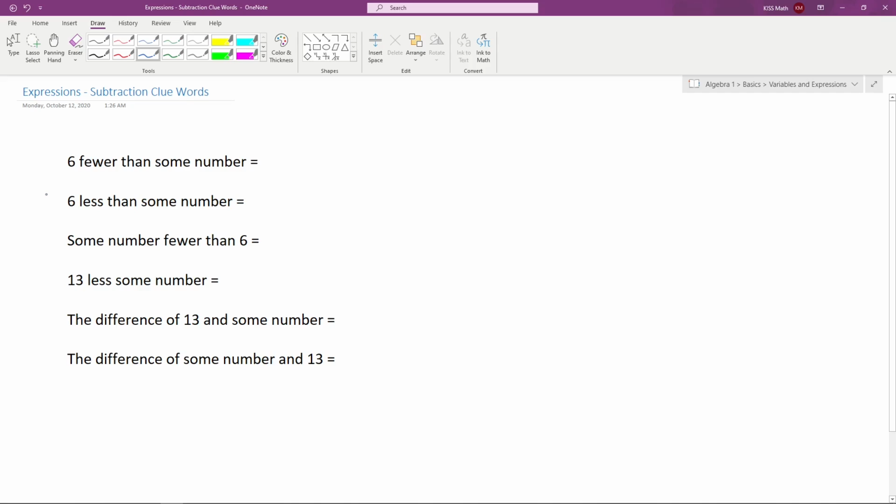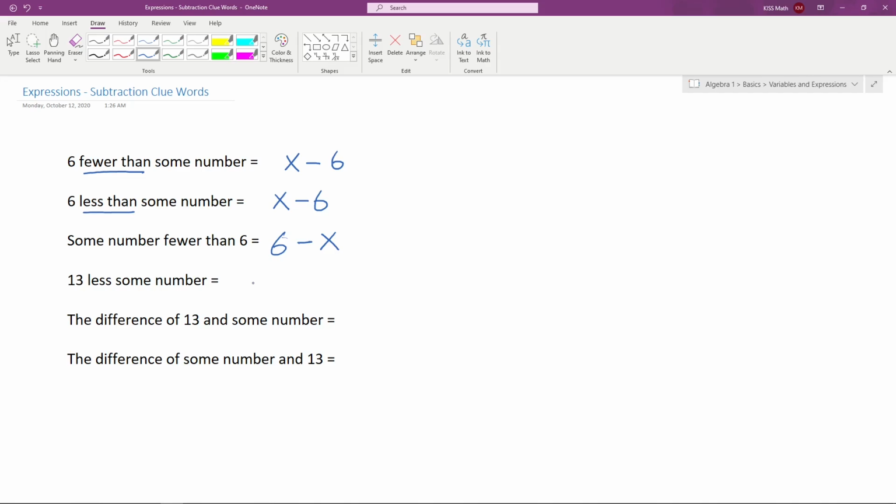For subtraction, if someone says 6 fewer than or 6 less than some number, we write that as x minus 6. This is not the same as saying some number fewer than x, because that would be 6 minus x. And we know 6 minus x is not the same as x minus 6 from our commutative properties. People can also indicate subtraction by saying 13 less some number.